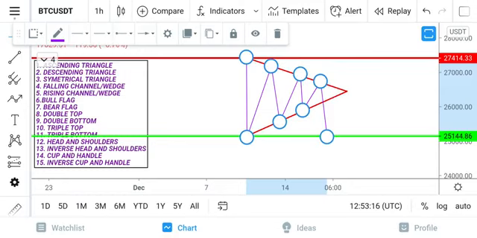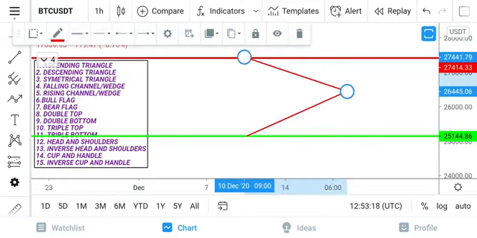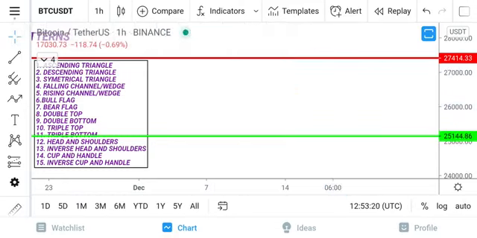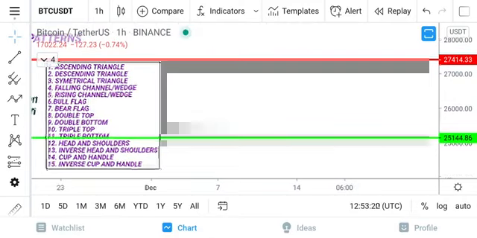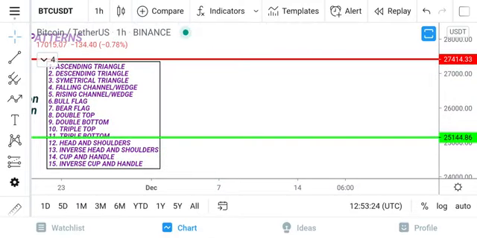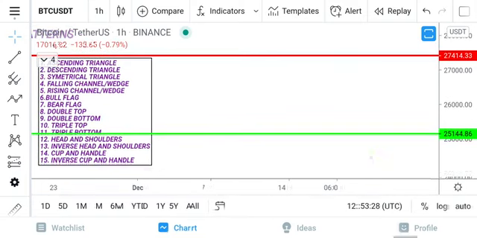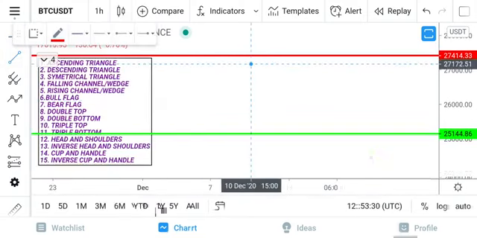So another chart pattern I'm going to talk about is the rising channel and the falling channel. The falling channel is a bullish reversal chart pattern, and it looks like this.